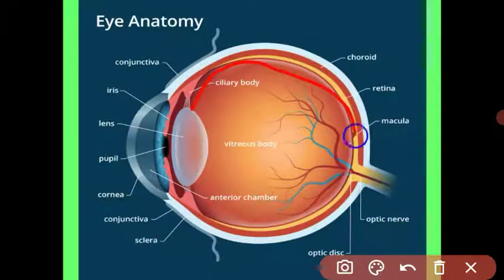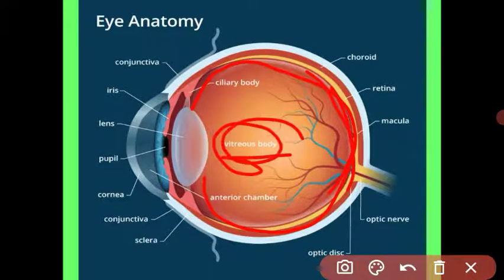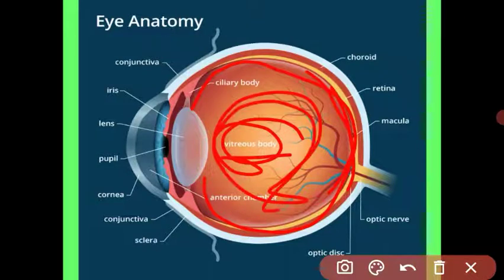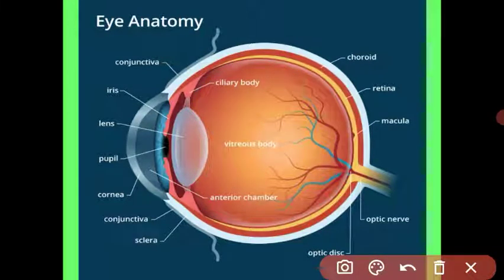And this is the vitreous chamber, the vitreous body, and it holds a thick fluid. Due to this fluid, our eyeball has a spherical shape. This fluid also protects the retina and nerve cells. This vitreous chamber contains the vitreous humor. Understood student? These are the parts of our eye.